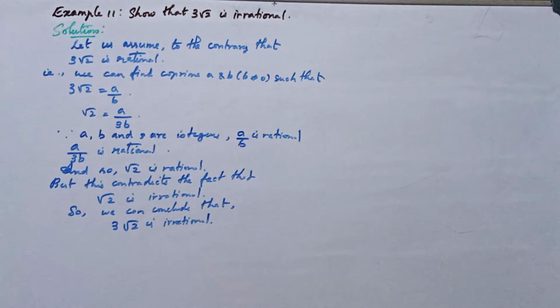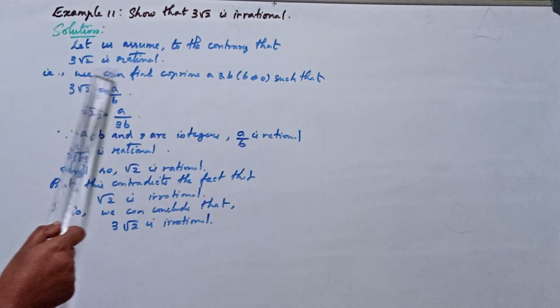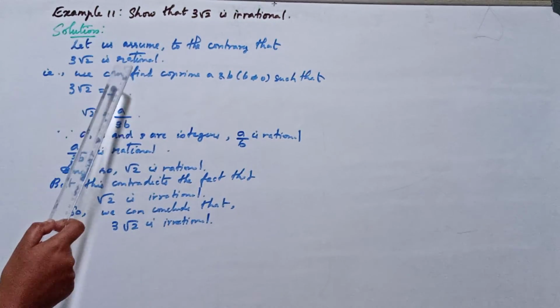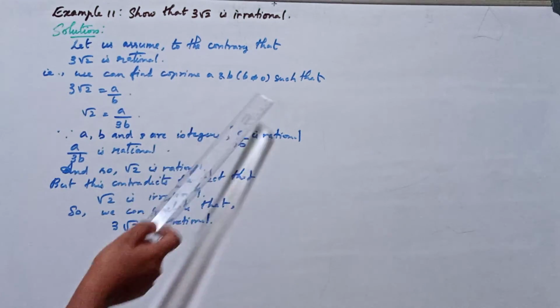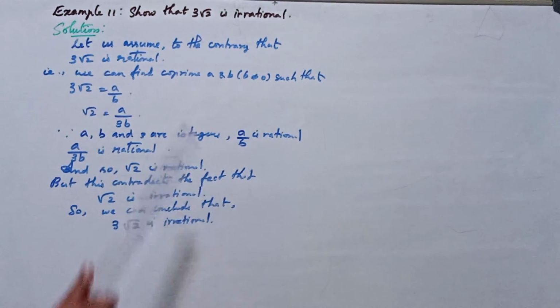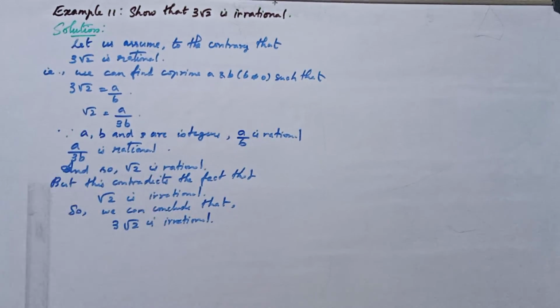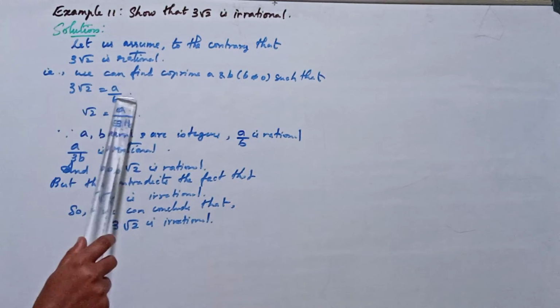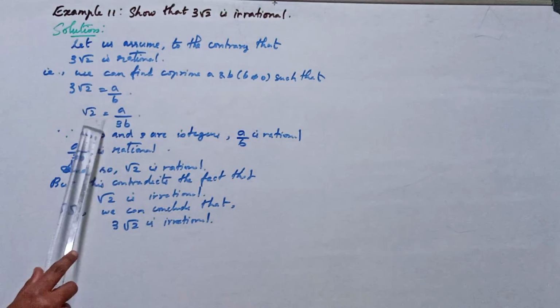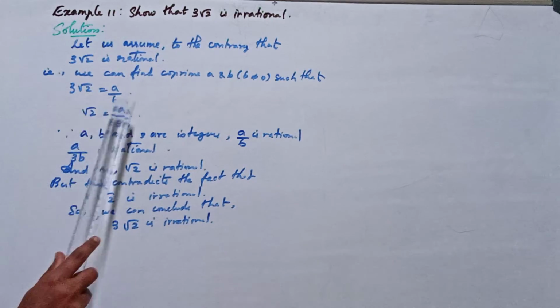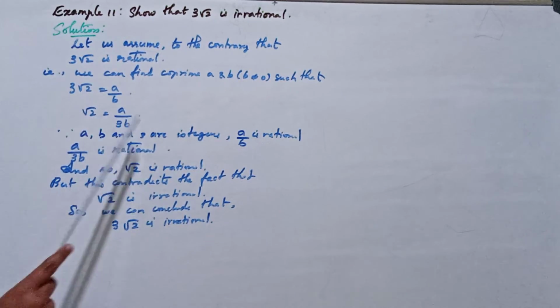So what is the thing? They have given you that 3 root 2 is irrational. So we are going to take the contrary and prove it. Let us assume to the contrary that 3 root 2 is rational. Then we take co-prime integers a and b where b is not equal to 0. So 3 root 2 is equal to a by b. From this root 2 is equal to a by 3b.